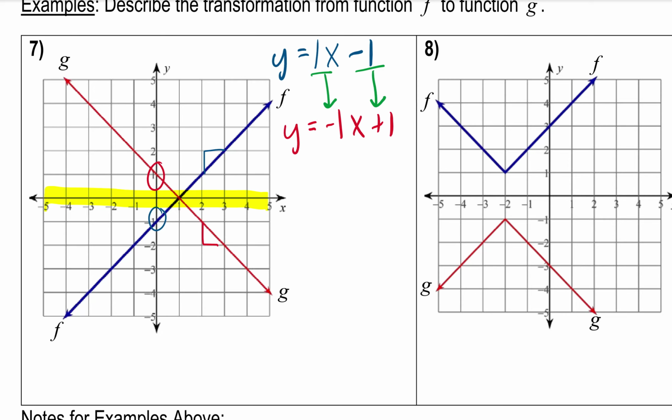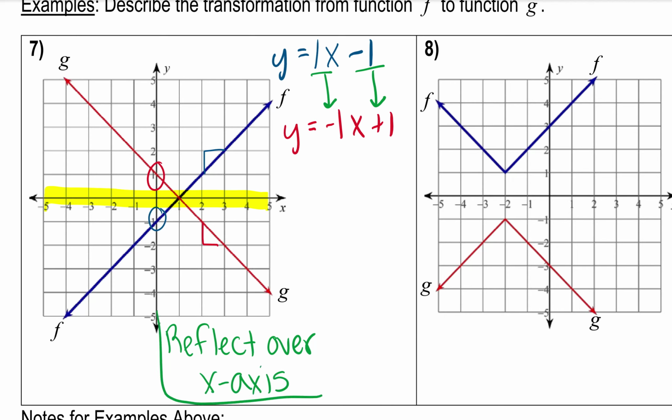So our answer is just going to be reflect over x-axis. So I can use the graph to see that. I can use the functions to see that. Either way, I'm covered.